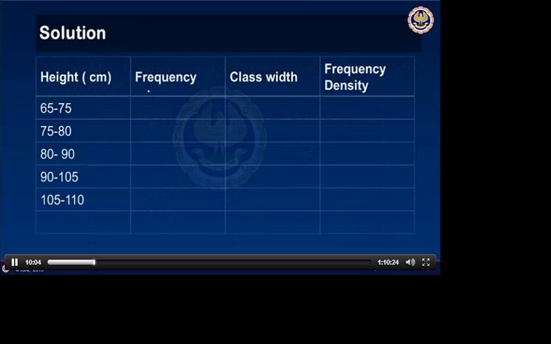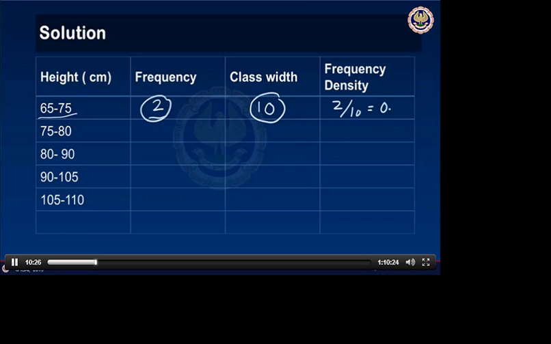So let's find. We'll put the data like this. So between 65 to 75, we know that there are 2 children. And the class width is the difference between 65 and 75, so it is 10. So the frequency density would be 2 divided by 10. That means frequency divided by the class width.